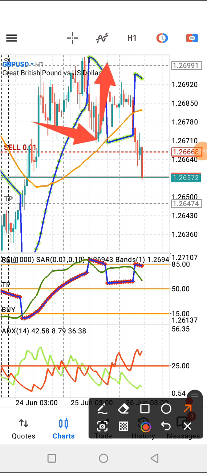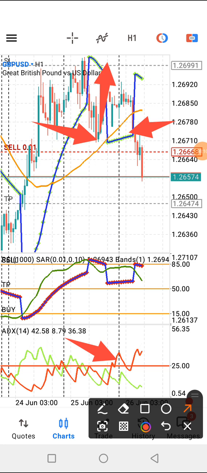Then the parabolic SAR dropped. Now we want to see price go below that same point. Immediately price goes below it, price will cross below the Bollinger Band. Immediately price crosses below the Bollinger Band, what you should check for is where your negative ADX is. When your negative ADX is above 25, it shows that there's pressure for downside.